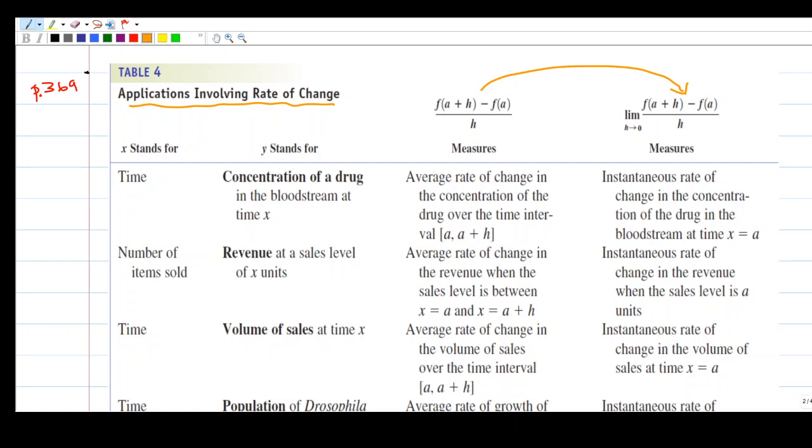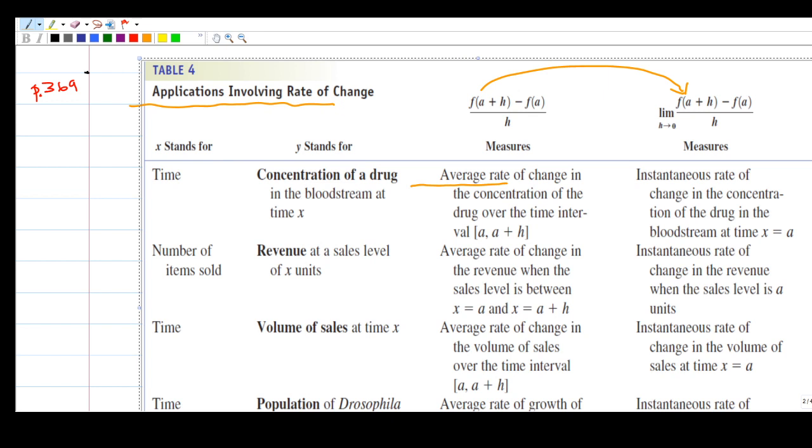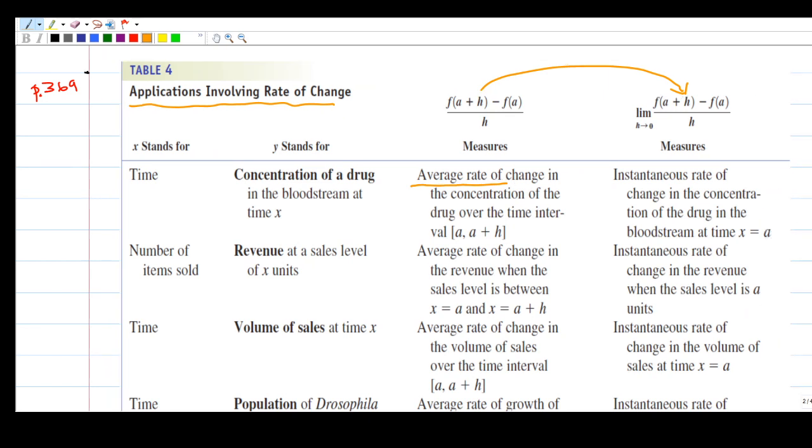So if x stands for time and y stands for the concentration of a drug in the bloodstream at time x, then the expression f evaluated at a plus h minus f of a all divided by h measures the average rate of change in the concentration of the drug over the time interval, right, the closed interval from a to a plus h.